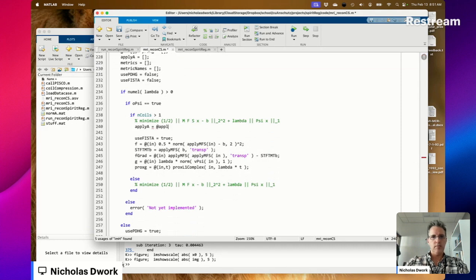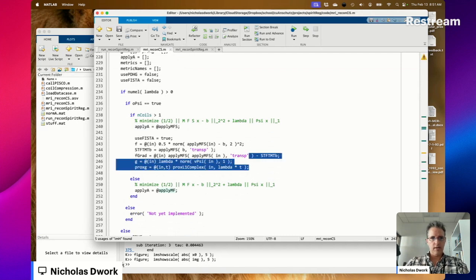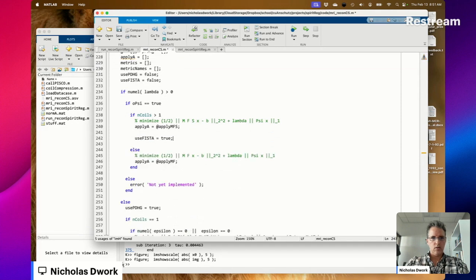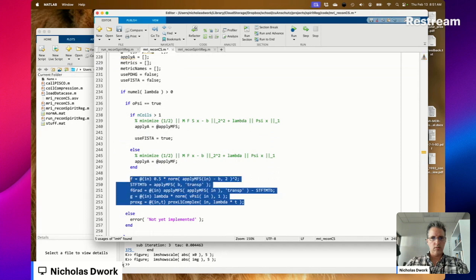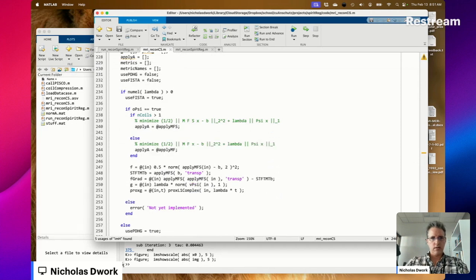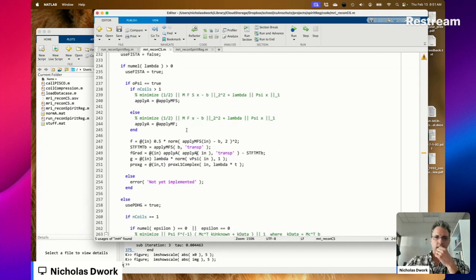Equal to apply MFS, MF, and then apply A, apply A. If it's MF, then ATA, yeah, okay.